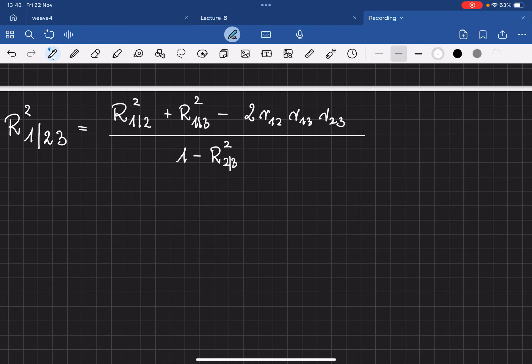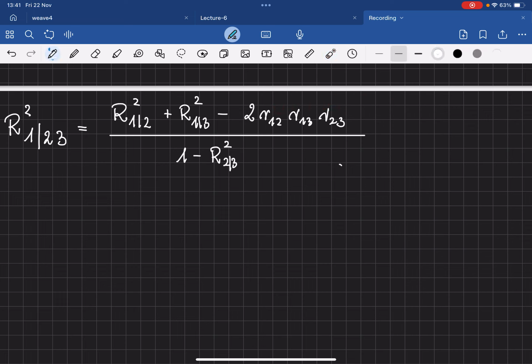Here we have the measures of the strength of linear dependence between pairs of variables, so squares of the Pearson correlation coefficients. And here we have just Pearson correlation coefficients, not squared.